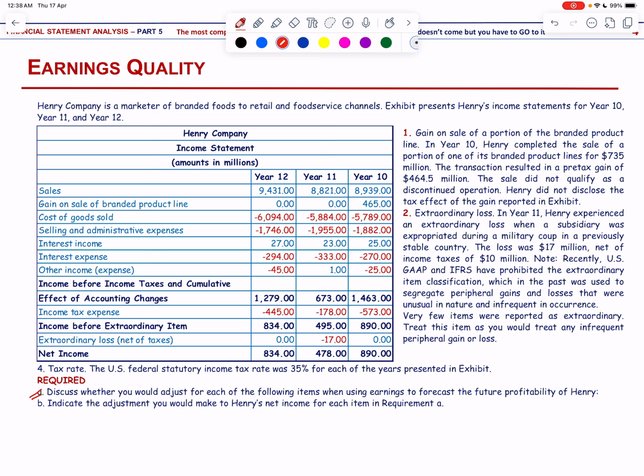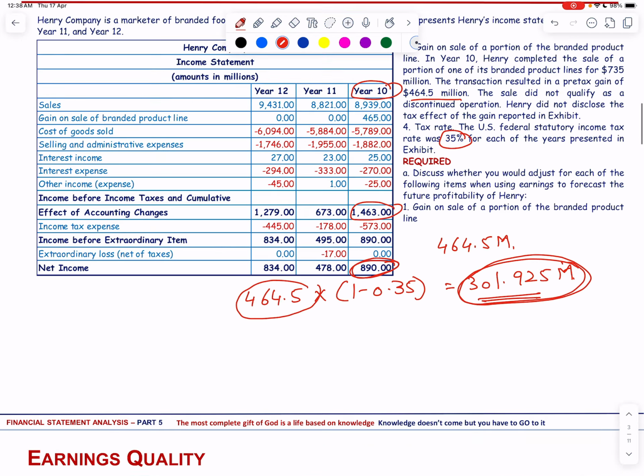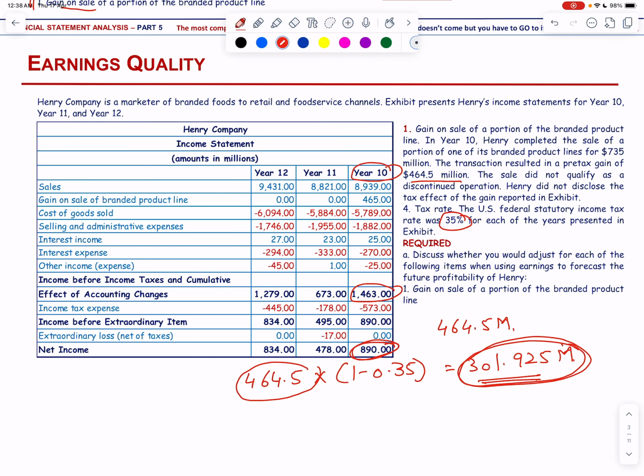First of all, discuss whether you would adjust for each of the following items when using earnings to forecast the future profitability, and indicate the adjustment you would make to Henry's net income for each item in the requirement number A. Now, we have discussed that the gain on sale of a portion of the branded product line needs to be adjusted, because this is a one time non-operating gain and not indicative of future performance.